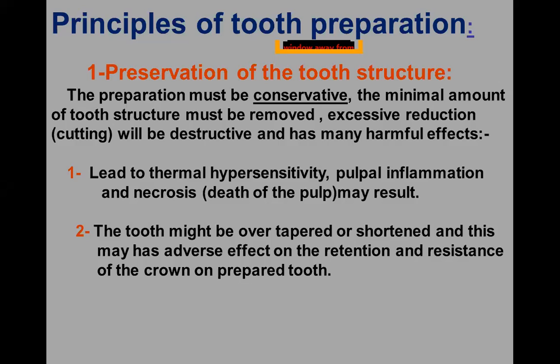Or, if we have excessive reduction, more than the required amount, we may have a shortened preparation, or an over-tapered preparation. And these will affect what? The retention of the crown on the prepared tooth. So if we have conservative reduction, we will gain health of the tooth, and we will have good retention of the crown.